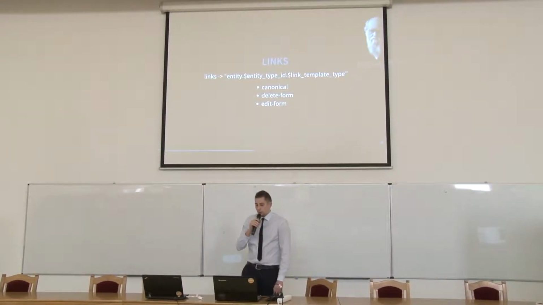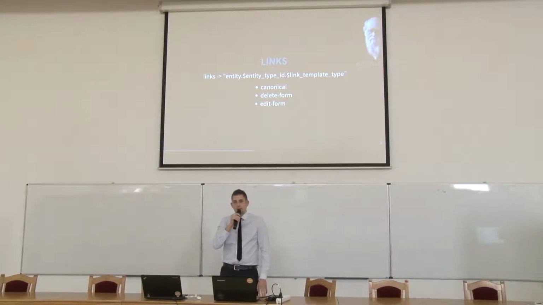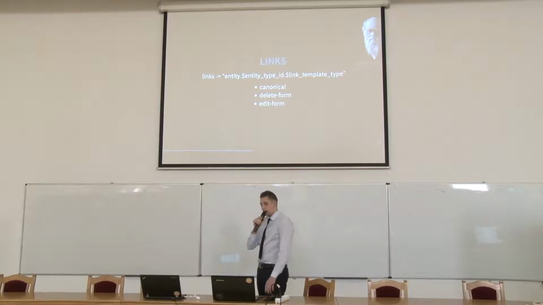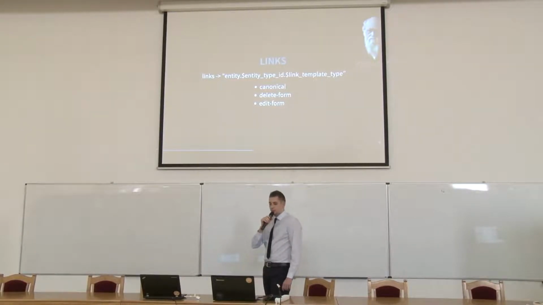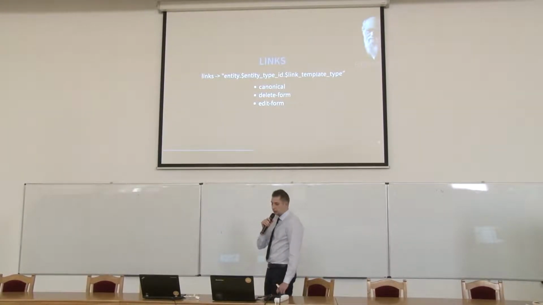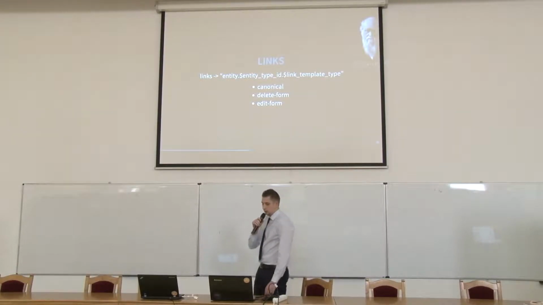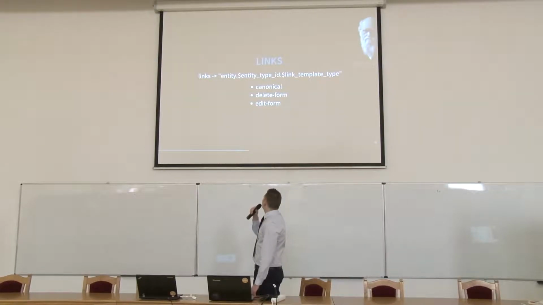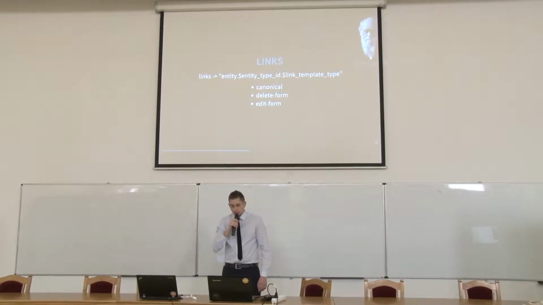For example, for the node edit, we have entity.node.edit, and we have the typical link types: canonical, the delete form, and the edit form. The canonical is the default link to the entity view, and the delete and edit forms are for delete and edit.